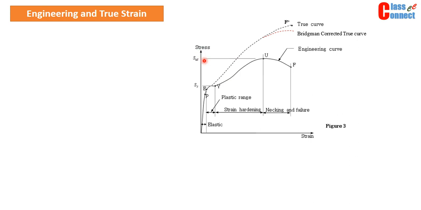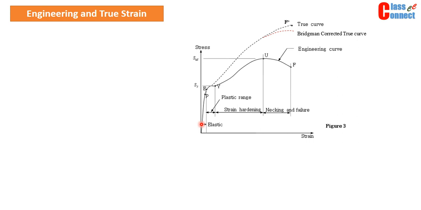But what happens actually is, as we increase the load from zero, the length increases, which means longitudinal strain is there, and longitudinal strain induces lateral strain, and lateral strain reduces the lateral dimension, that is the diameter of the specimen if we are taking a cylindrical specimen. It means that the area is reduced once any load is applied.